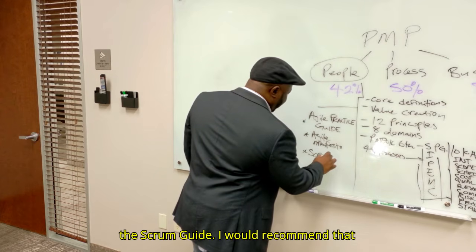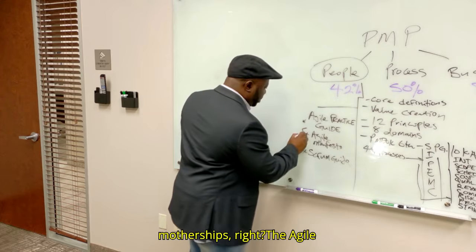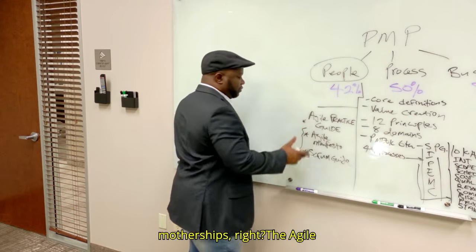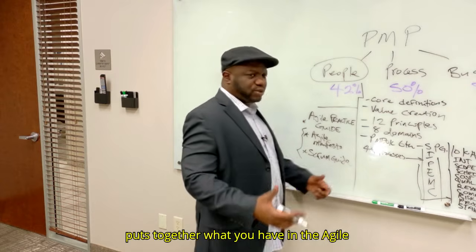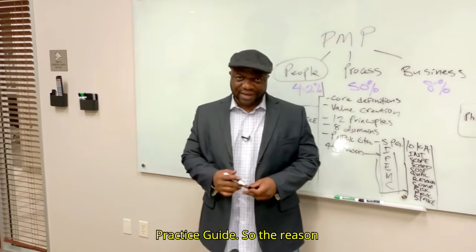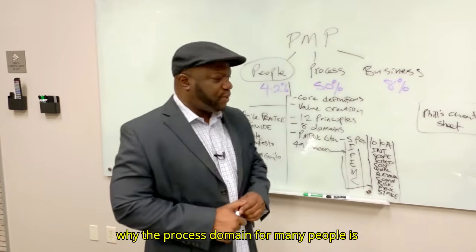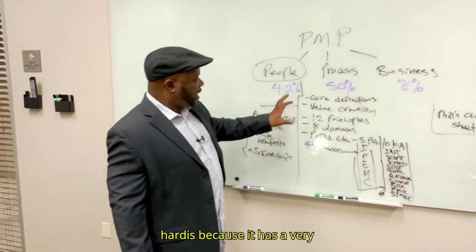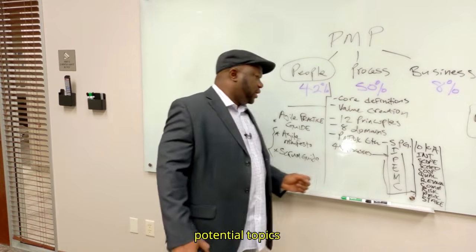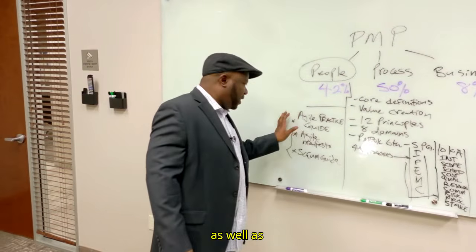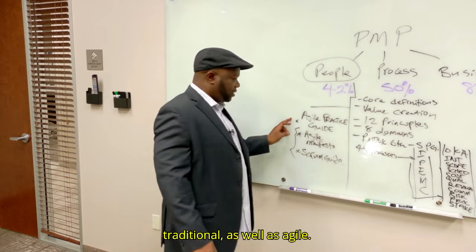I would recommend that because these are like the motherships, right? The Agile Practice Guide pretty much takes from these and many other sources and puts together what you have in the Agile Practice Guide. So the reason why the process domain is hard for many people is because it has a very dense amount of potential topics, traditional as well as agile.